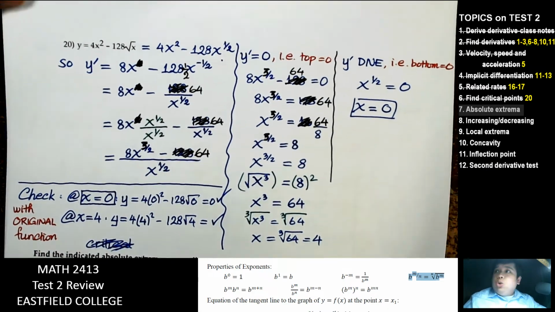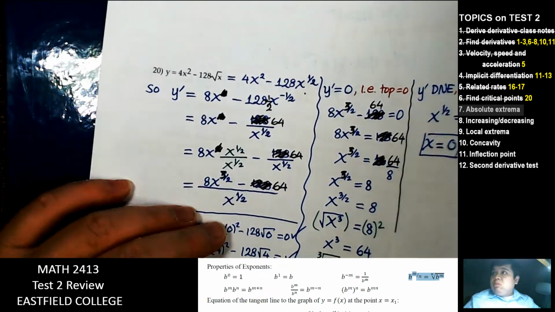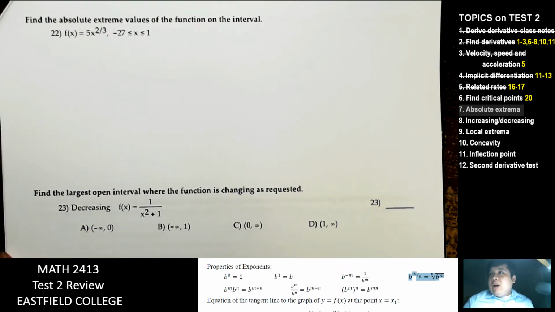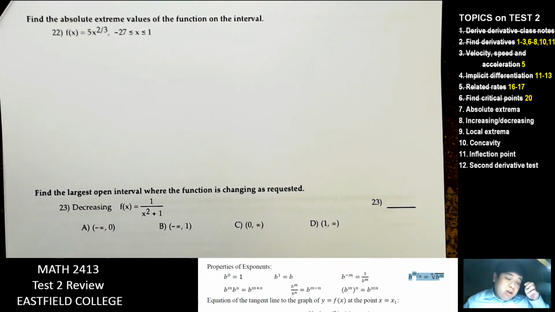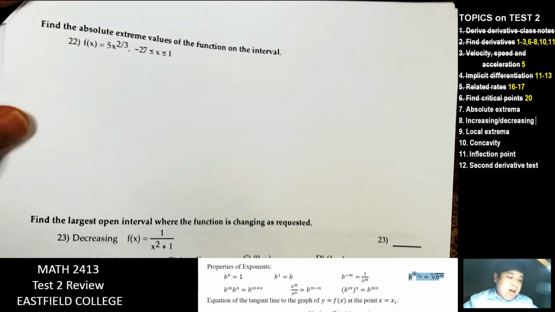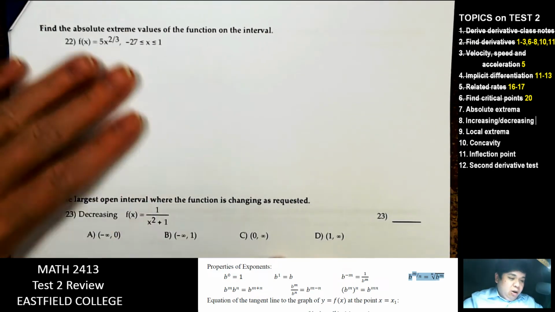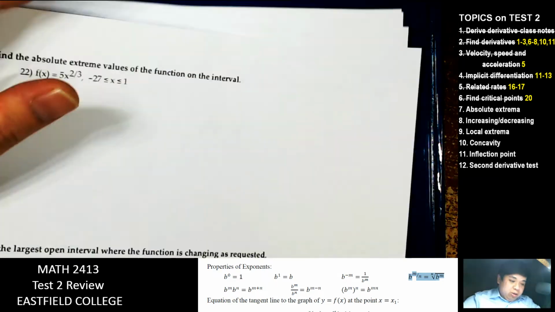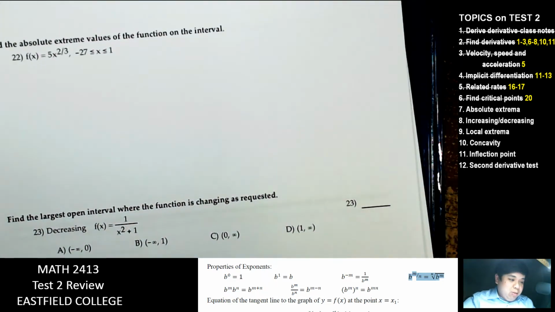I did not do more examples in the later topics because that's still fresh, and we did a lot of examples in class. So for these later topics, probably we just have one example for each topic, and I leave you the other problems so you can practice.